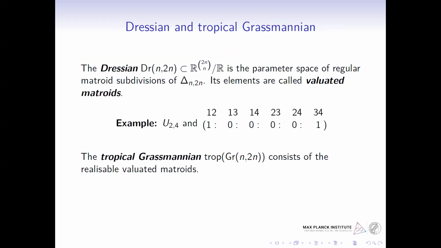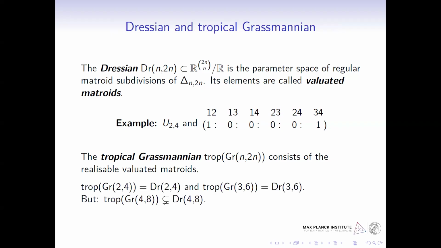Now, the tropical Grassmannian consists of the realizable valuated matroids. Okay, so it's a subset of the Dressian and consists of the realizable valuated matroids. In the baby case 2,4, the Dressian and the tropical Grassmannian coincide. Even for 3,6, this is still true.